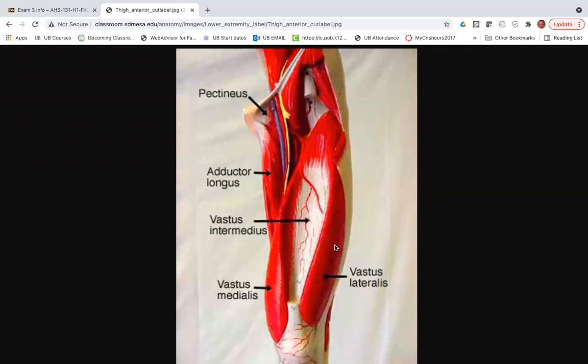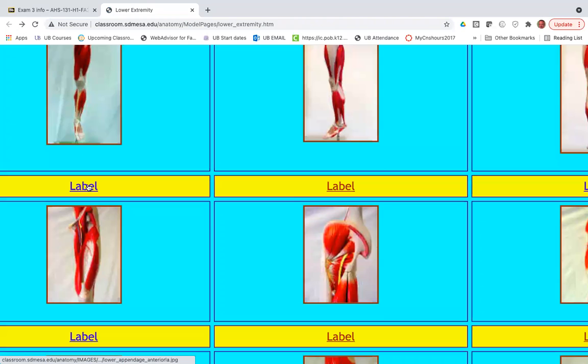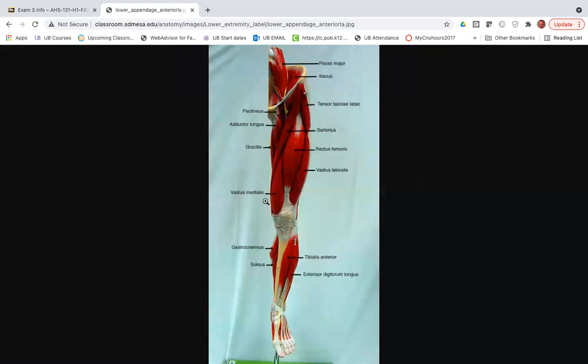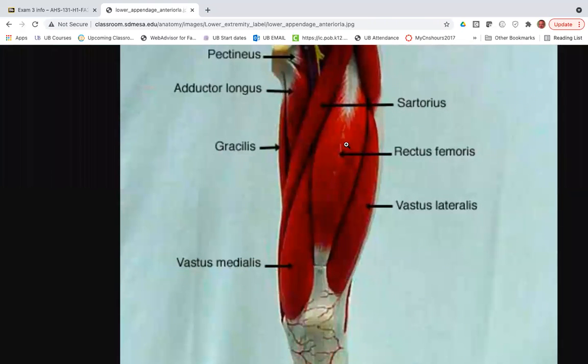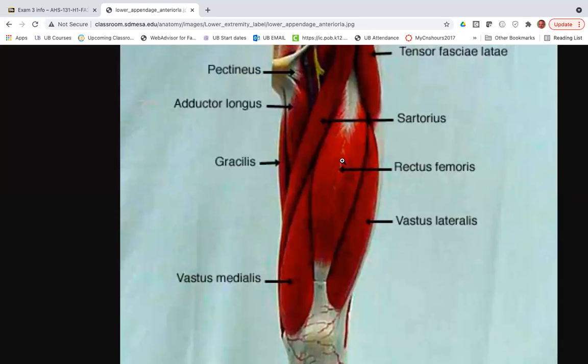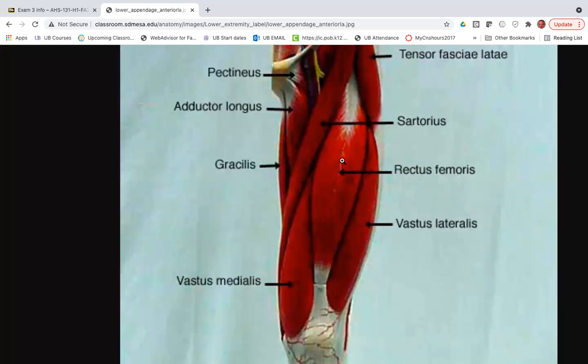Those are 1, 2, 3 of the quadriceps muscles. And the fourth is this one here, the rectus femoris. Those are the 4 quadriceps muscles.